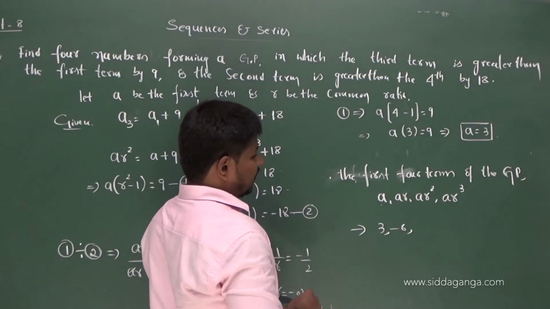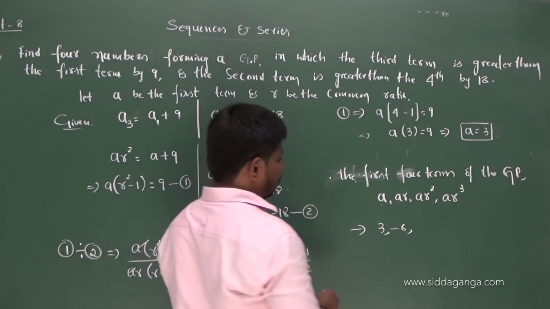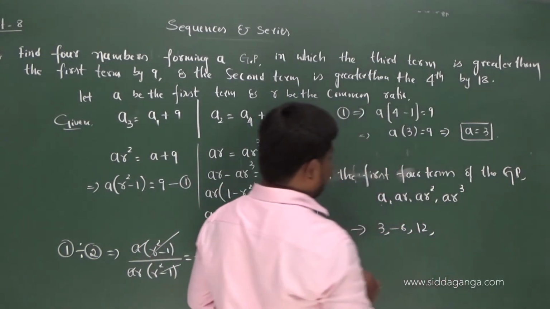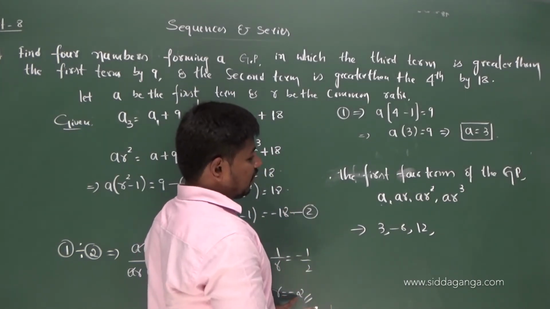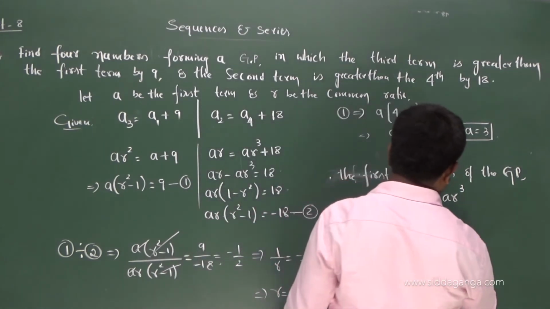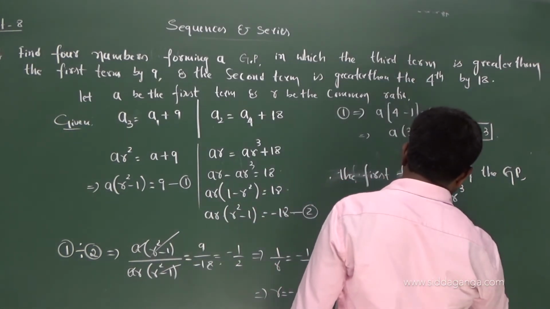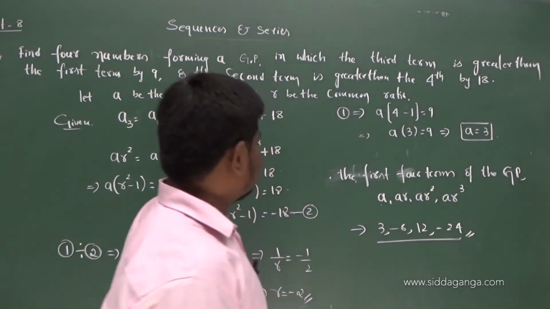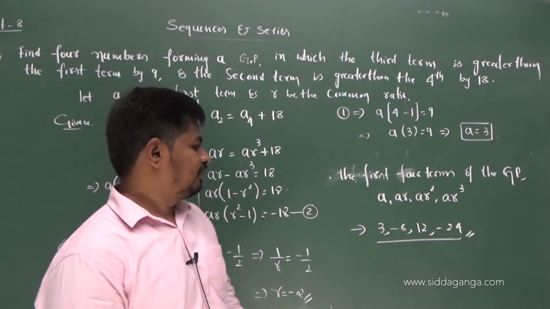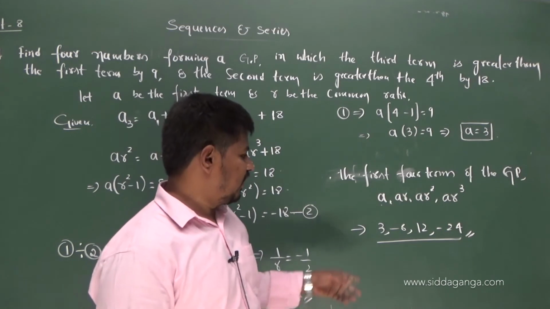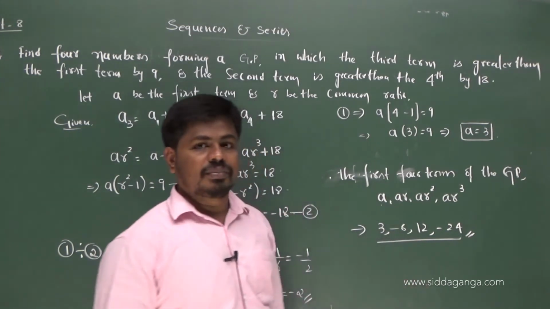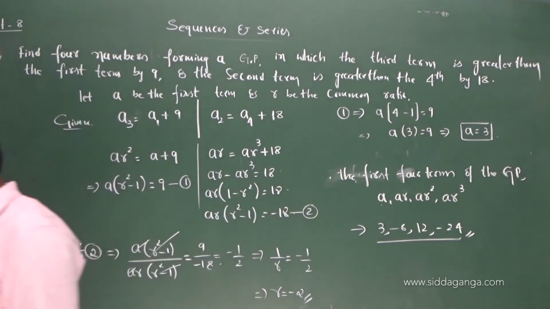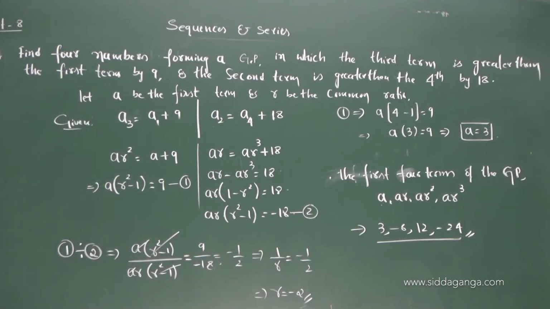AR square: A is 3, R square is 4, so 12. AR cube: A is 3, R cube is minus 2 cubed, that is minus 8, so minus 24. So these are the first four numbers of the GP sequence: the first term is 3 and the common ratio is minus 2. So this is about question number 21.